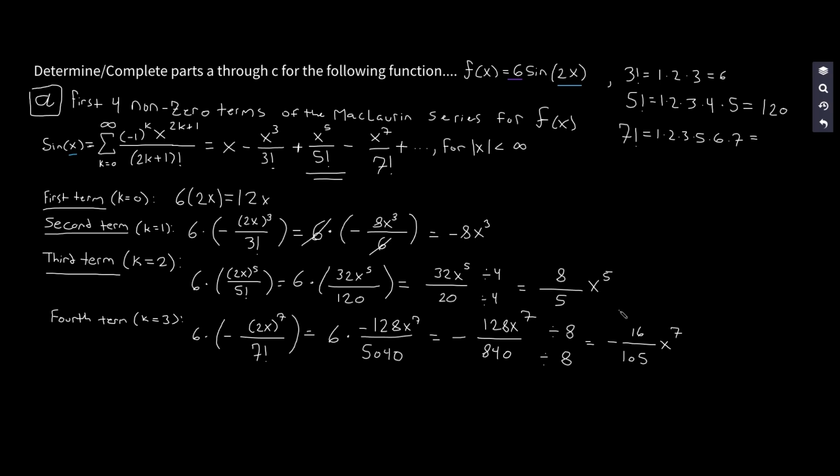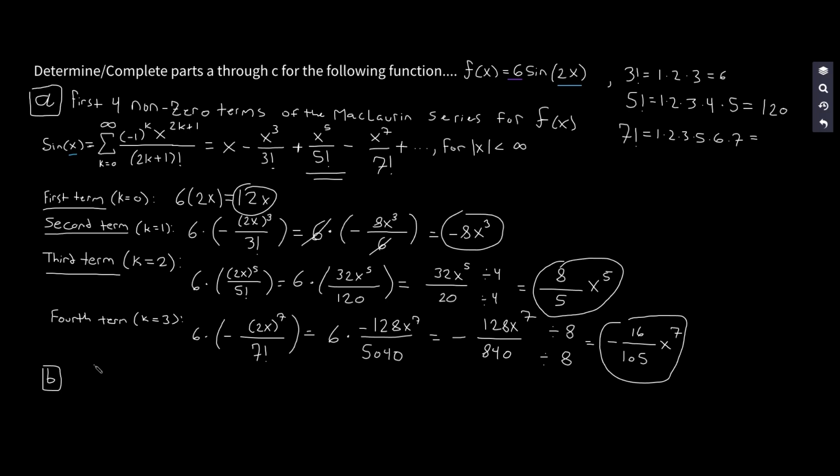That means that we have effectively found the first term, the second term, the third term, then the fourth term. So the next part is part B, and part B says to write out the power series using summation notation.